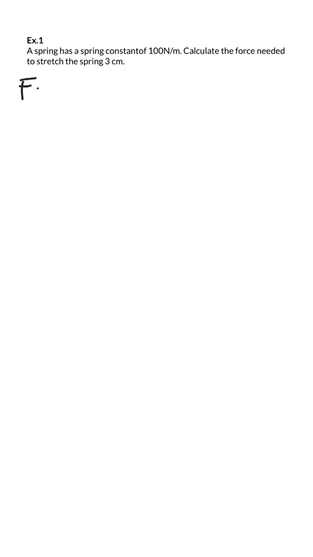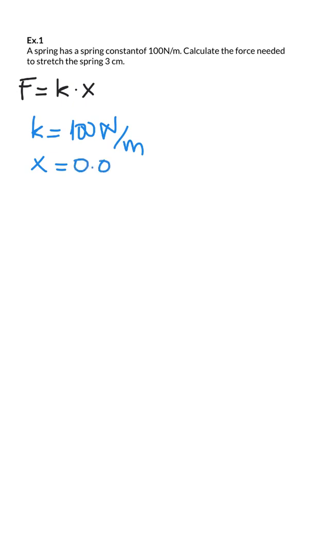F equals K times X. And what do we have here? We have the spring constant. K is 100 Newton per meter. We have the stretch of the spring, X is 0.03 meters.